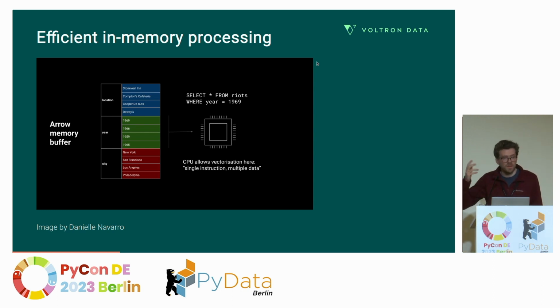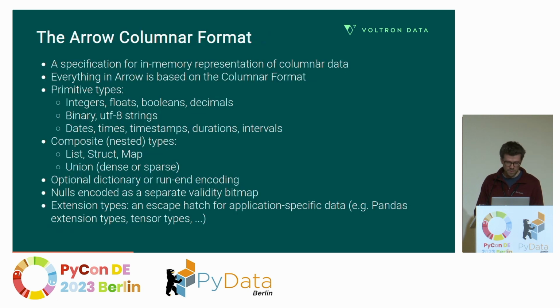This is not something new. Pandas already did that from the start, for example, but it's one of the core ideas of the format that makes it efficient. As I already mentioned, that's really the base of everything in the Arrow ecosystem.